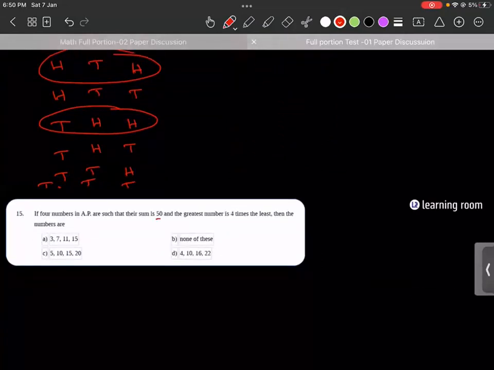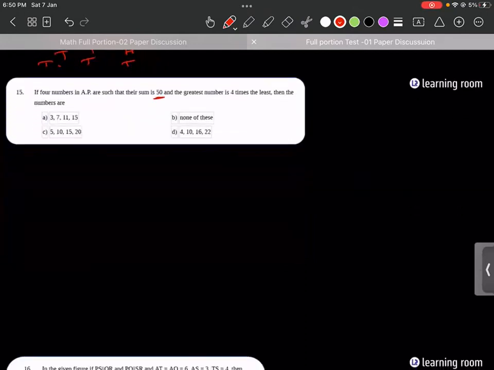If 4 numbers are in AP such that their sum is 50, and the greatest number is 4 times the least, then what are the numbers? They are A, A plus D, A plus 2D, and A plus 3D.